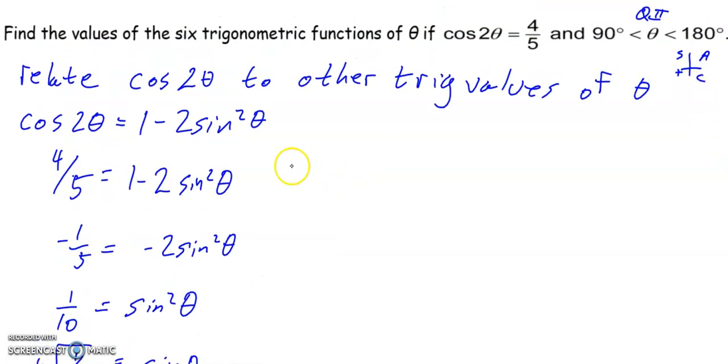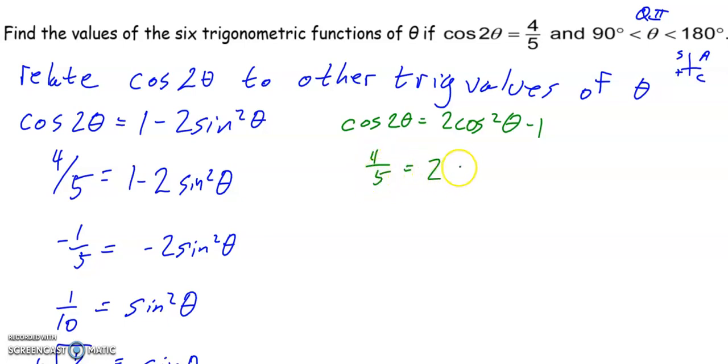I can do the same thing to find cosine of theta. So I'm going to take another double angle identity. The cosine of 2 theta equals 2 cosine squared theta minus 1. That's another double angle identity that relates cosine of 2 theta, which is what they gave me, to just cosine. So I'm going to do the same process. 4/5 equals 2 cosine squared theta minus 1. Let's add 5/5 to both sides.